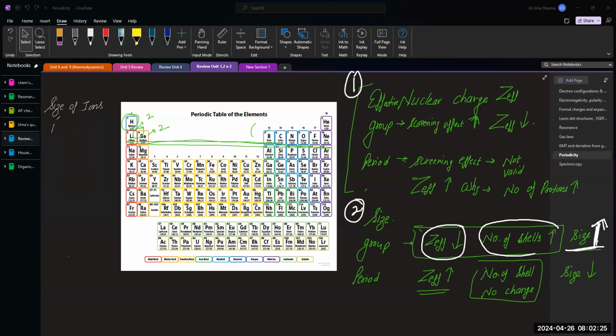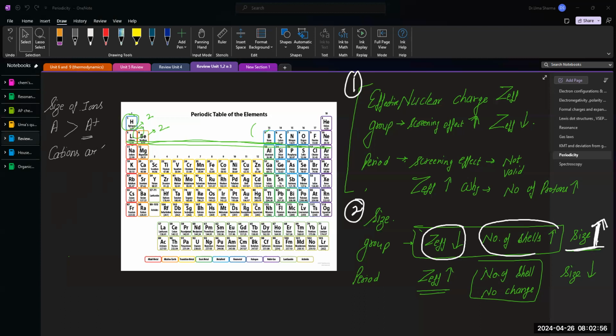If I give you A and A plus, which one is bigger in size? A or A plus? A is bigger in size. No, no, no, Azuni. Because this one has more effective nuclear charge. Cations are always smaller. You check my notes.